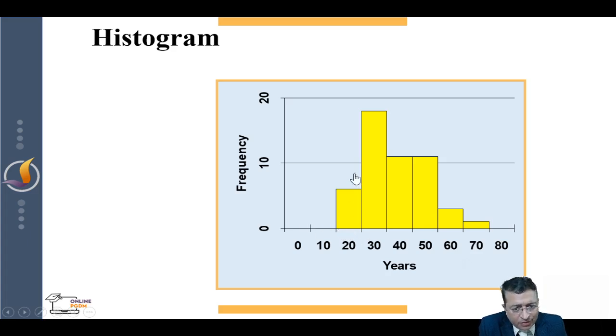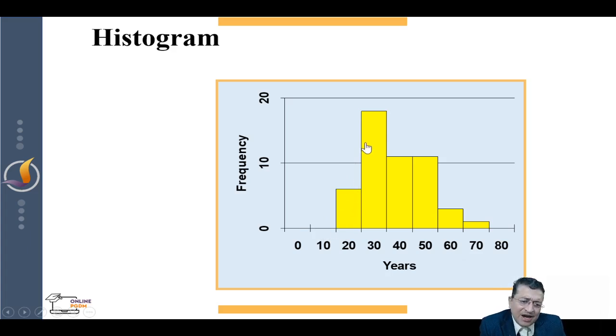Now once you have made this particular histogram, what does it mean? This histogram tells us the distribution of data, how the data is distributed. If you see here, you can easily find that in the first two categories there are no observations.